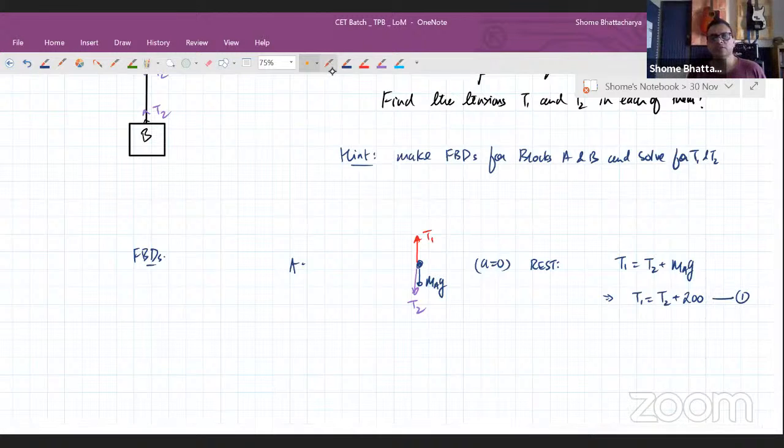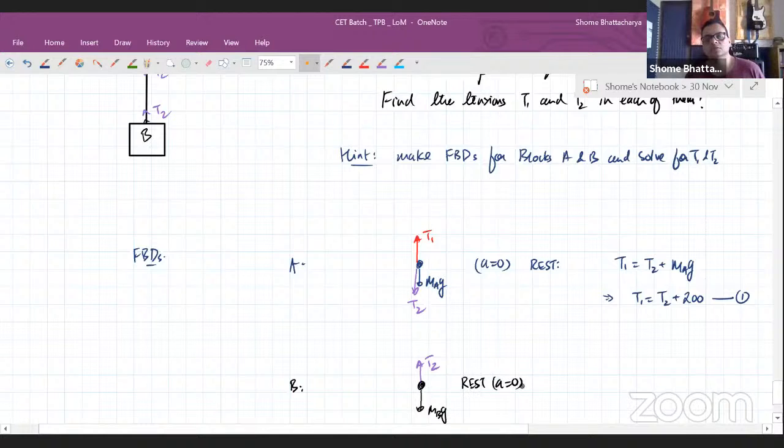Now similarly, if you look at the free body diagram of the second block B, yes, you got the answers, Gazanfar? Yes, very good, that's correct. So if you look at the second block B, you can see the forces acting on it are only two: there is T2 and the weight of the block, and this is also at rest, so its acceleration is 0.